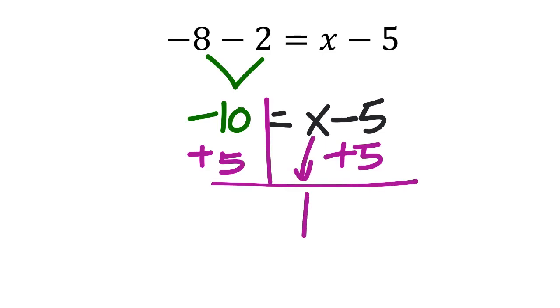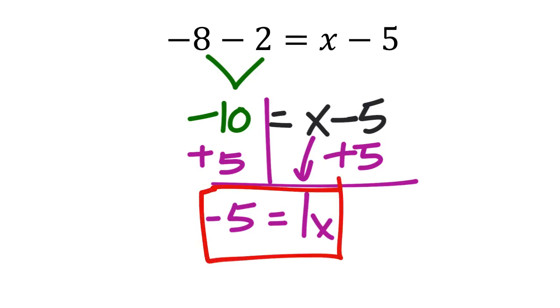So that is a 1x, by the way, which we want. Negative 10 plus 5 is negative 5. And that should check off. Negative 5 minus 5 is negative 10, which is what we evaluated when we did negative 8 minus 2. So that is the solution to this equation. And again, I can box that in with some confidence right there.